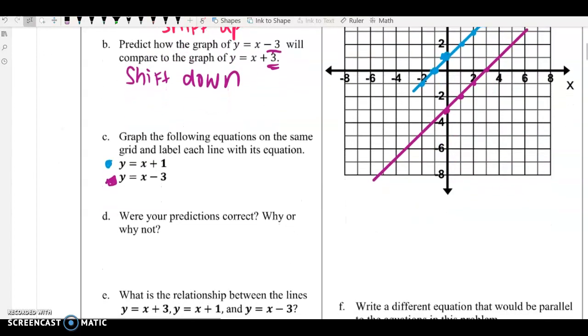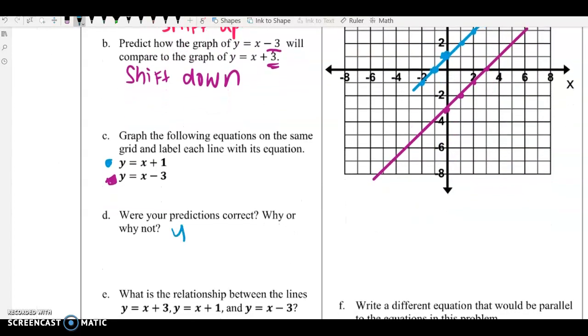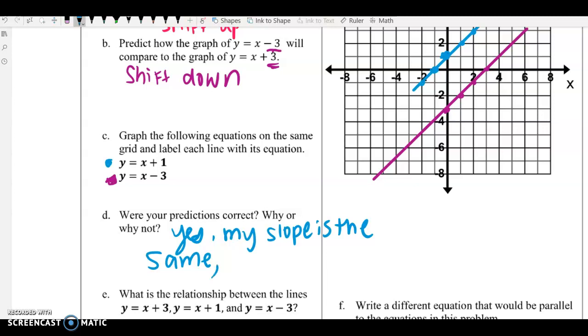So it says, were your predictions correct? Why or why not? Yes. My slope stays the same, which is telling me the steepness of that line, right? So my slope's the same. The only thing changing is my y-intercept.